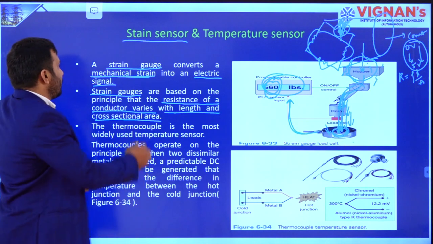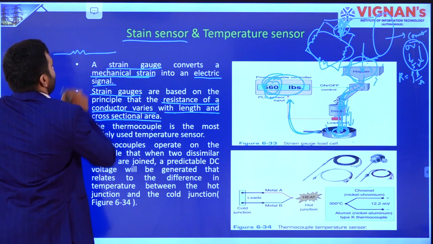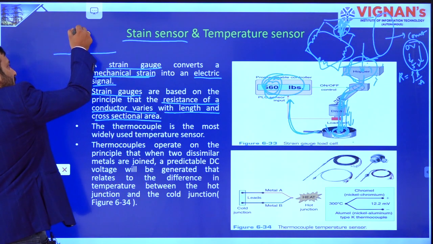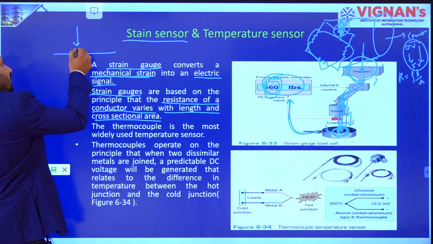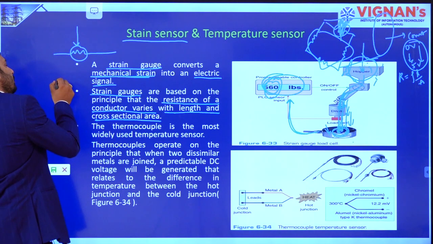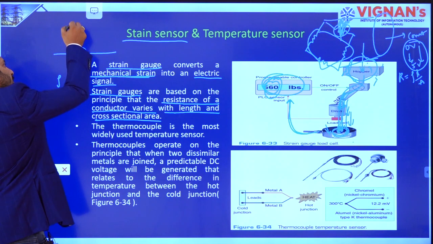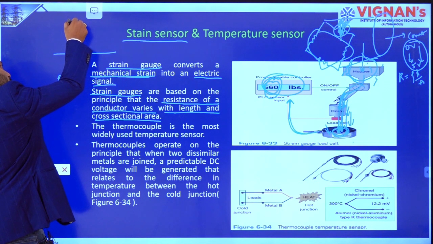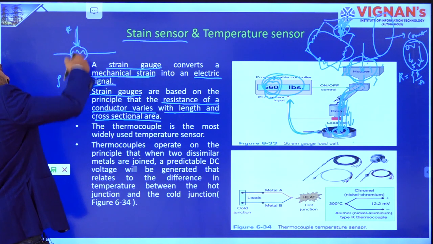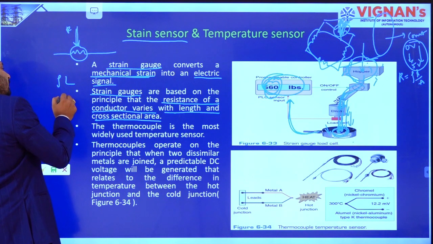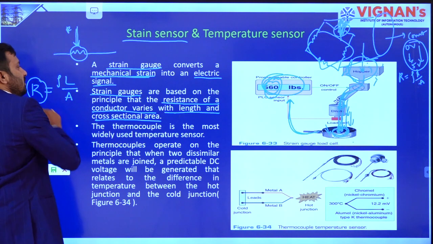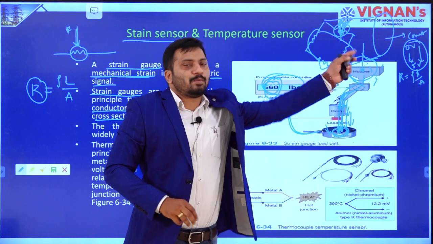If you place mechanical strain on the resistor, the resistor has some resistivity, and with the force of the mechanical weight acting on it, the length varies and the area varies. Proportionally, the resistance varies. From the change in resistance, you get a proportional voltage.